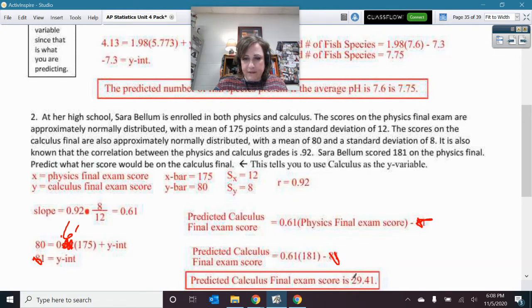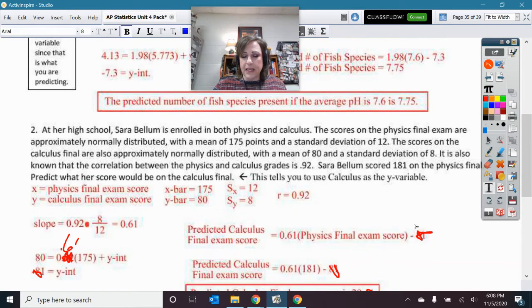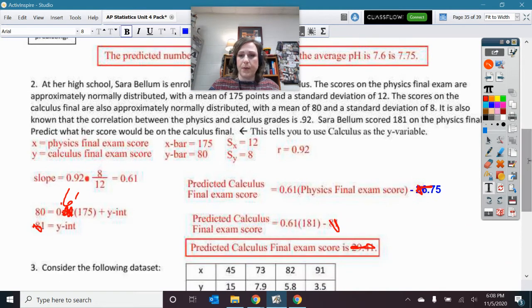So that's going to be different. You can go in there and fix that. It should be minus 26.75. I'm just going to leave that for now. Go in there and calculate, plug that in, and see what you get.